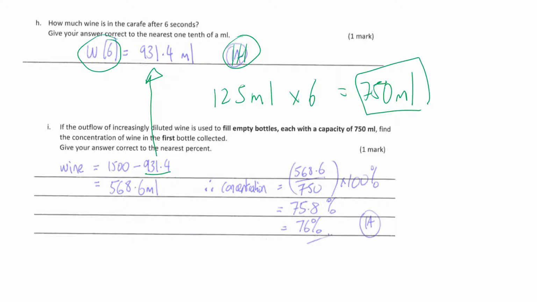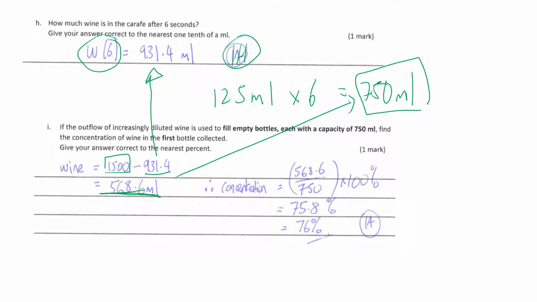Hence, we get the contents of the first bottle after 6 seconds. So after 6 seconds, we know there's 931.4 mils left in the carafe. If we started with 1500 mils in the carafe, it means that the amount of wine that I've collected in the first bottle of 750 mils is 568.6 mils.